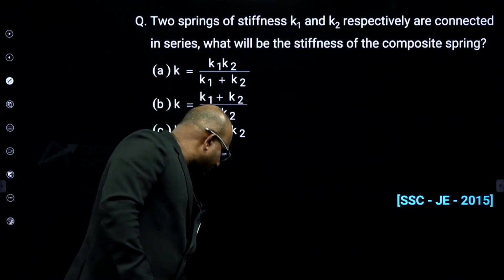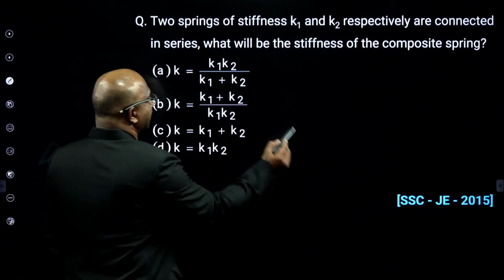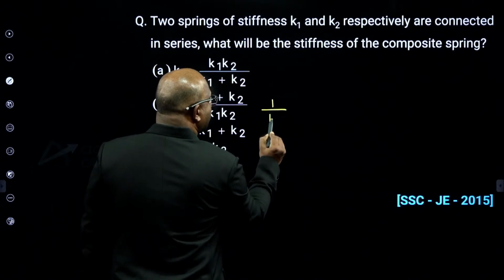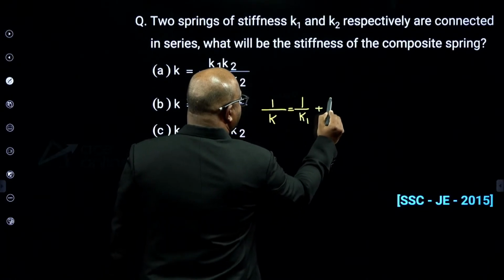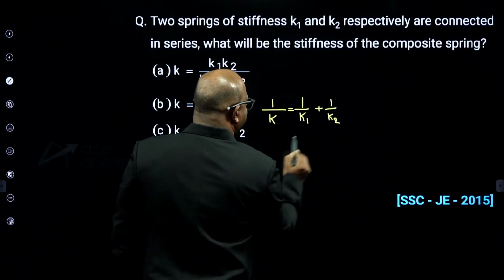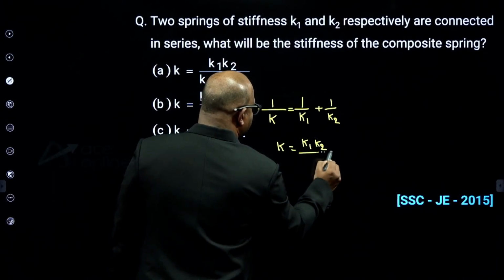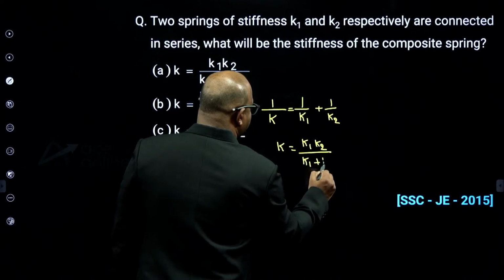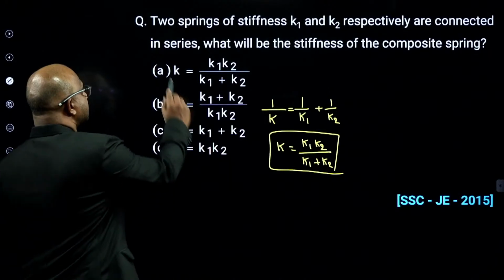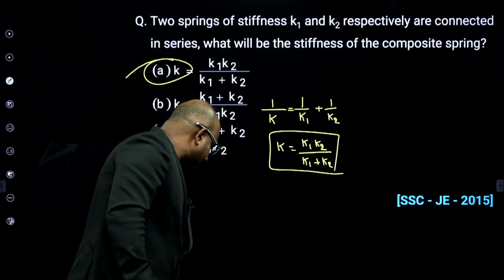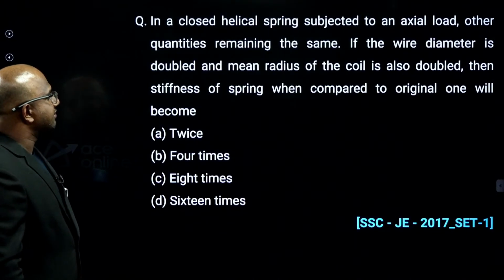Dev, please try this question. What is the answer for this? Stiffness in series, guys. Series means 1 by K equivalent equals 1 by K1 plus 1 by K2. So K equals how much, guys? K1 K2 by K1 plus K2, which means option A is the correct answer. Very good.